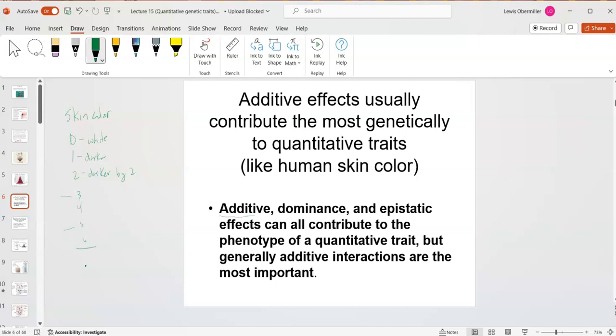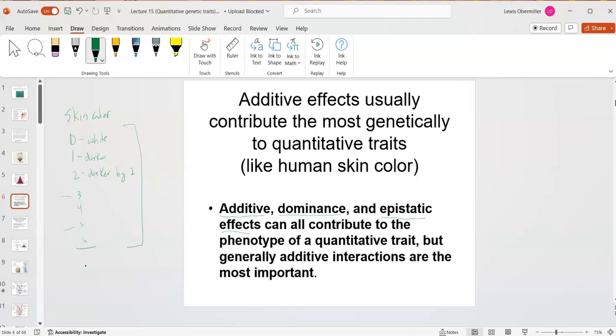So there's additive effects. We also have to take into account things like dominance. So is the trait dominant or recessive? Because if it's dominant, then it might mask that expected quantitative range, right? Maybe allele number 2 in human skin overpowers allele number 1. We could have epistatic effects, right?